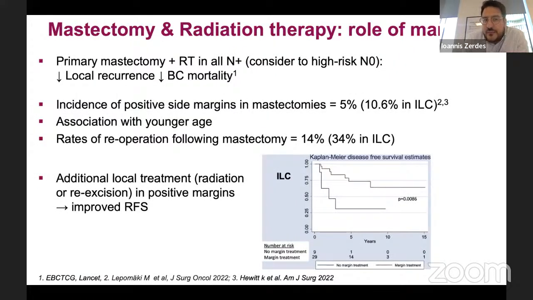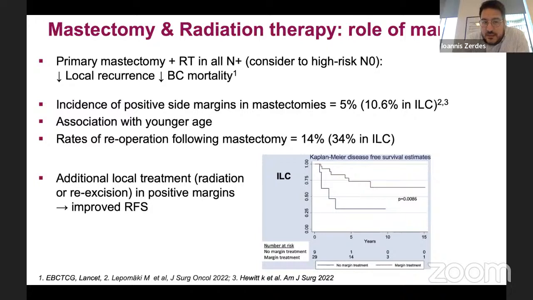Given the fact that patients that underwent mastectomy were not included in the previously described meta-analysis, I would like to briefly mention that primary mastectomy plus radiation therapy showed to reduce local recurrence rates and also mortality in node-negative patients and also in high-risk node-positive and in high-risk node-negative patients.